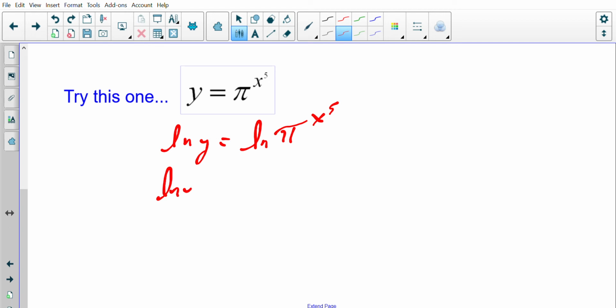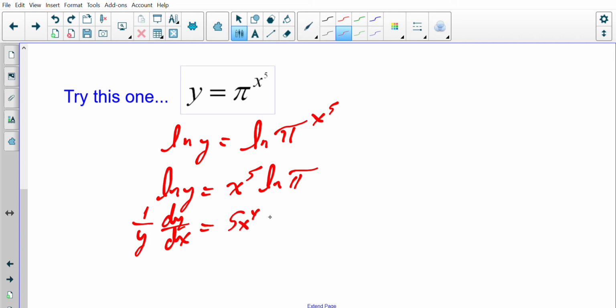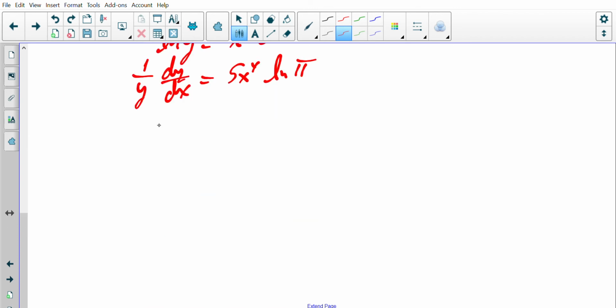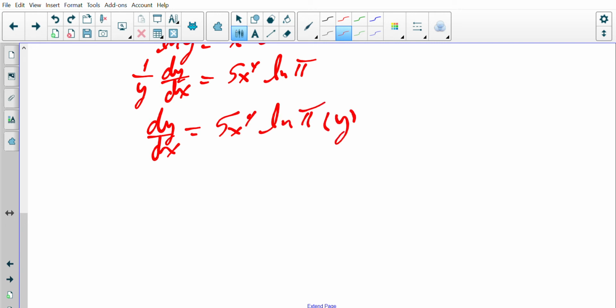So natural log of y, power law of logarithms, x to the 5th, ln of pi. Now take the derivative. So 1 over y dy dx, 5x to the 4th times ln of pi. Dy dx would be 5x to the 4th multiplied by the natural log of pi multiplied by y. You'd have to get rid of the y here.